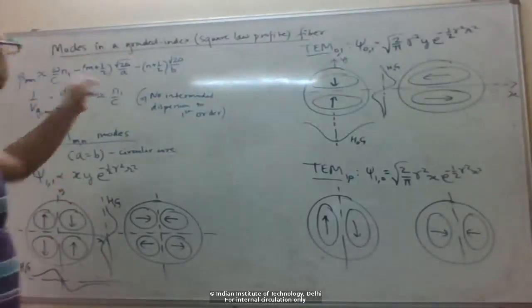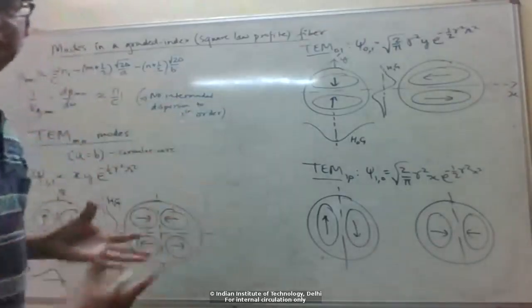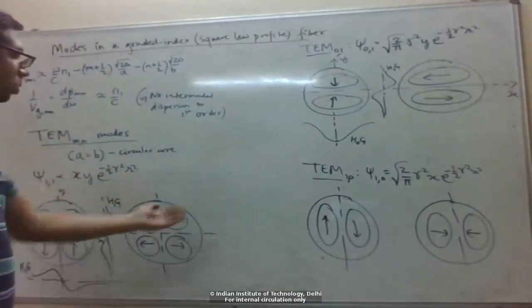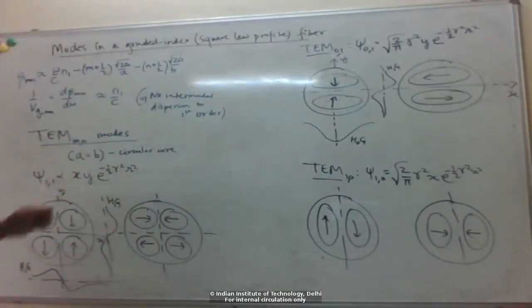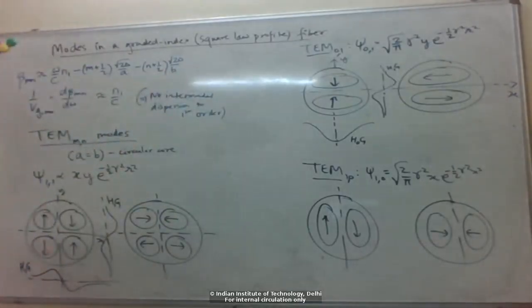So then, of course, for A equal to B, right? For A not equal to B, it does not have cylindrical symmetry. So for that, you have to use these Cartesian coordinates. But if A is equal to B, then it has cylindrical symmetry, and we can also solve the wave equation in cylindrical coordinates.